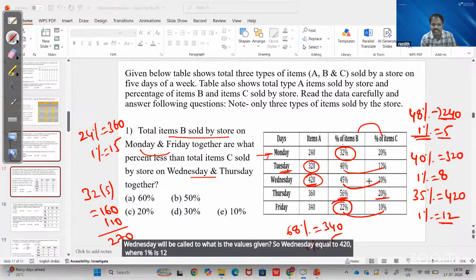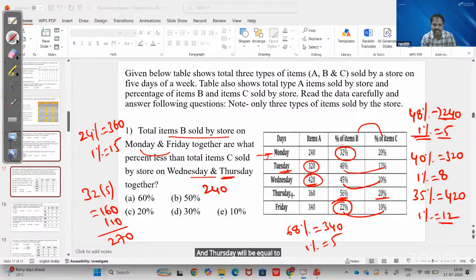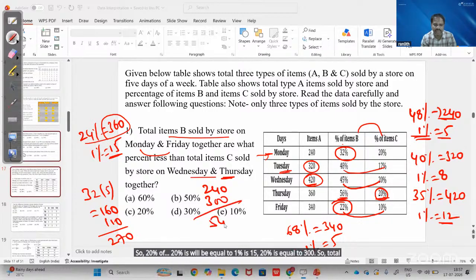C is 20%, so 20 into 12 equals 240. Thursday is also 20%, where 24% is 360 and 1% equals 15. So 20% equals 300. So the total value equals 540.